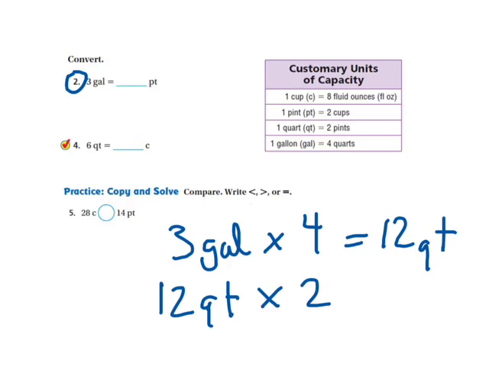There's 2 pints in a quart, and then that gives me 24 pints. So there you go. So I had to do it twice because I don't have the information for pints to gallons. If you do have the information for pints to gallons, you go ahead and do it directly. But this is what you would do if you just have one of those.